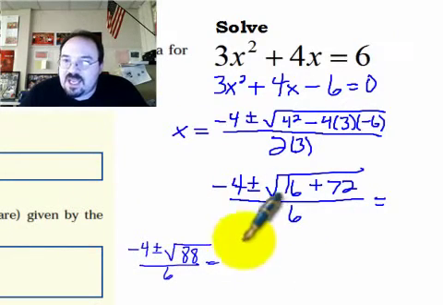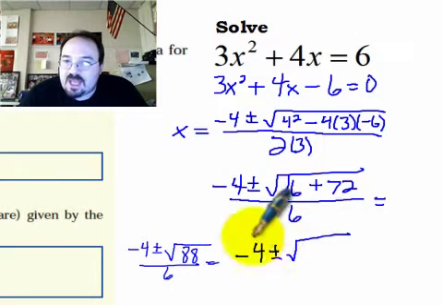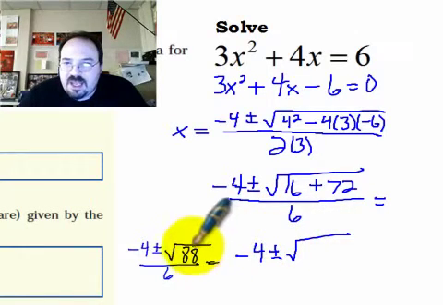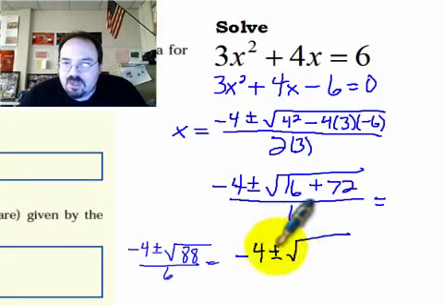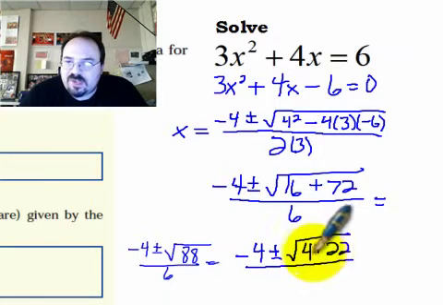You can take that 88 and split it up. So 88 you can rewrite as 8 times 11. Probably a better way to do that would be 4 times 22, though, because 4 is a perfect square, and I can move that out.